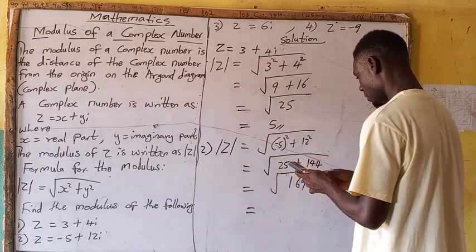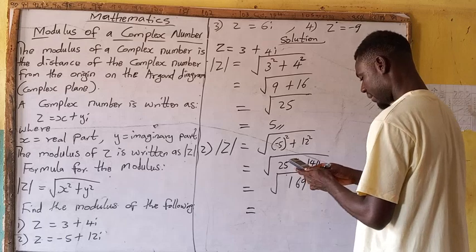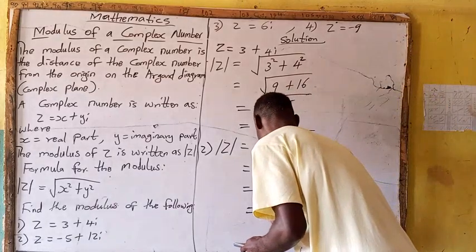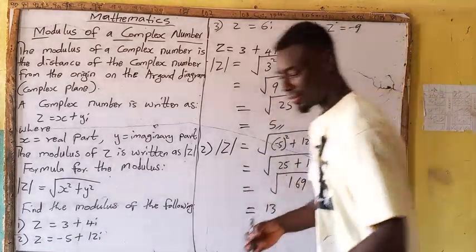So the square root of 169 is equal to 13. And this is our final answer for that.